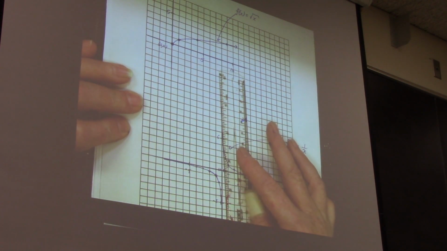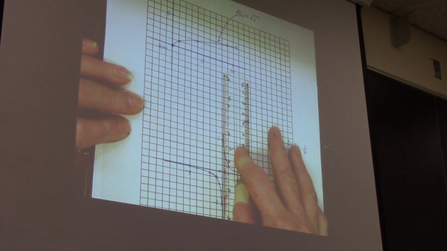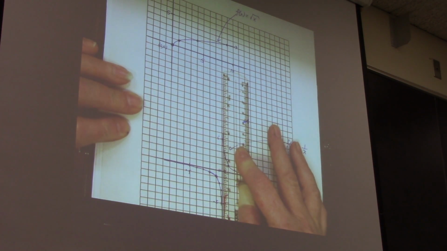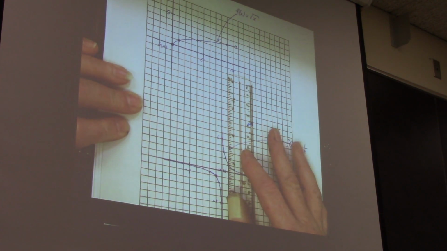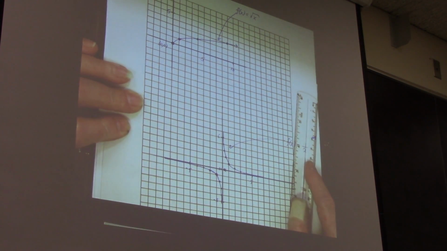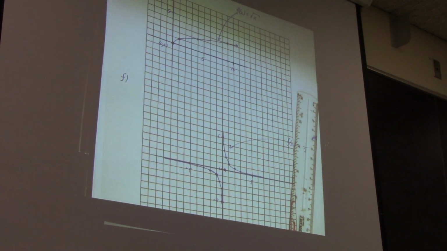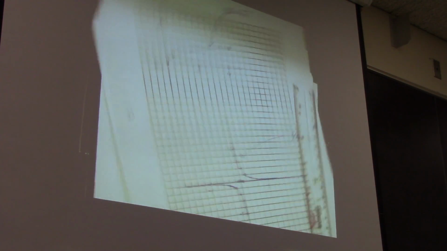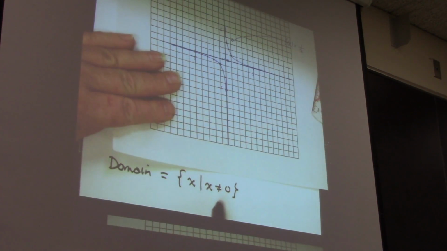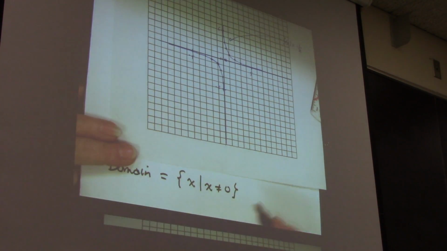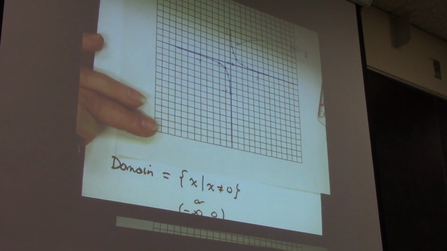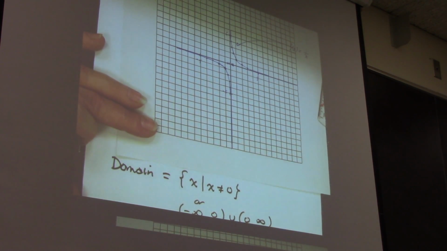And then after x equals 0, no matter how small the x is, x equals 1/1,000,000th is in the domain. x equals 1 is in the domain. All of these positive x's are in the domain. But where you have that vertical asymptote at x equals 0, that number 0 is not in the domain. That's how you see it graphically. So, same domain. I suppose you could write it as -∞ to 0, excluding 0, union 0, excluding 0, to infinity.